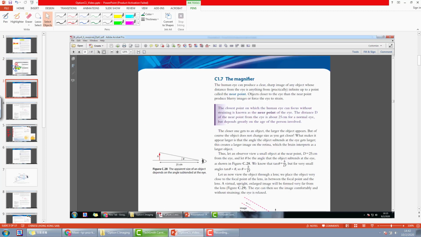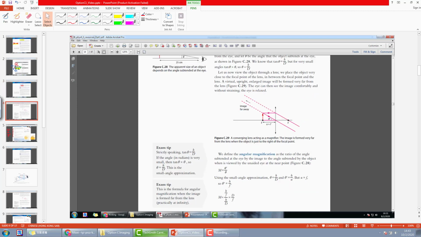Let me tell you what to read and pay attention to in these two pages. The first mission I want to give you is to find out what is meant by near point. The second thing I want you to figure out is those two equations.